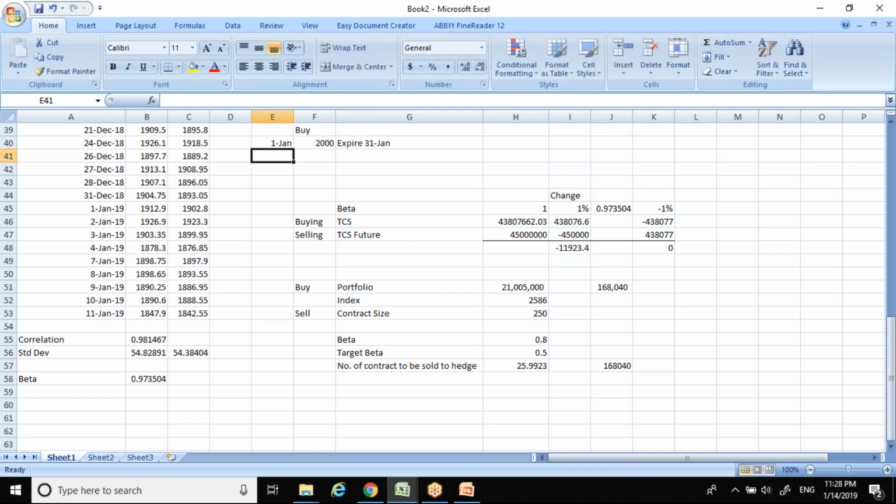So what you do is on 31st January, let's suppose the price is 1950. So this is the price, and today is 31st of January, and this is the price for the 31st January future contract expiring.